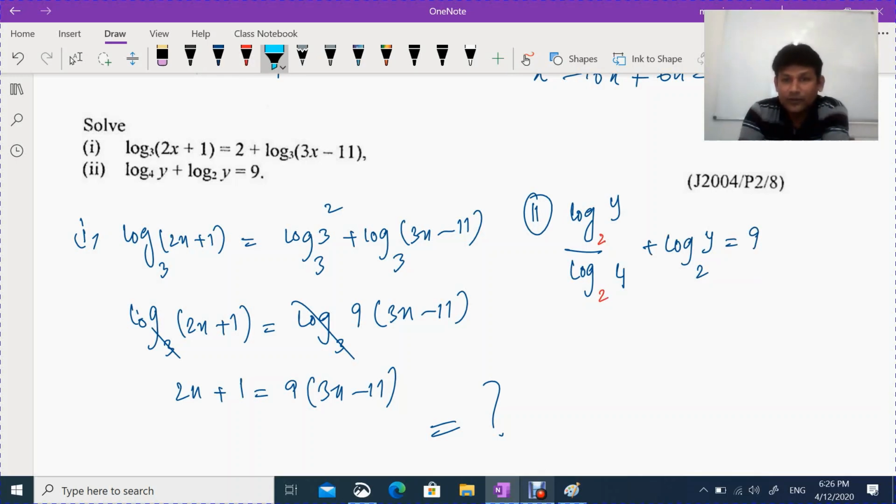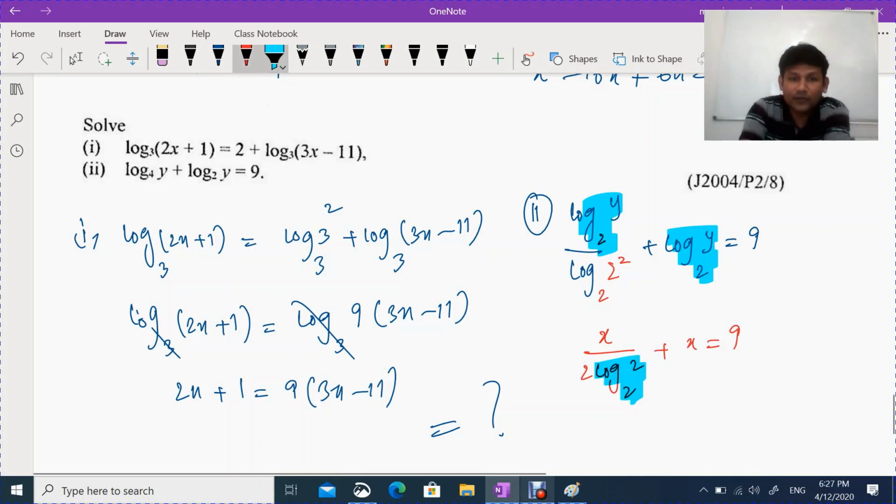Now I can suppose this and this is equal to x. So x upon this will become 2 square, and 2 square means this 2 will become the coefficient, and in this way this will become what? Log 2 is 1, and x upon 2 plus x is equal to 9.